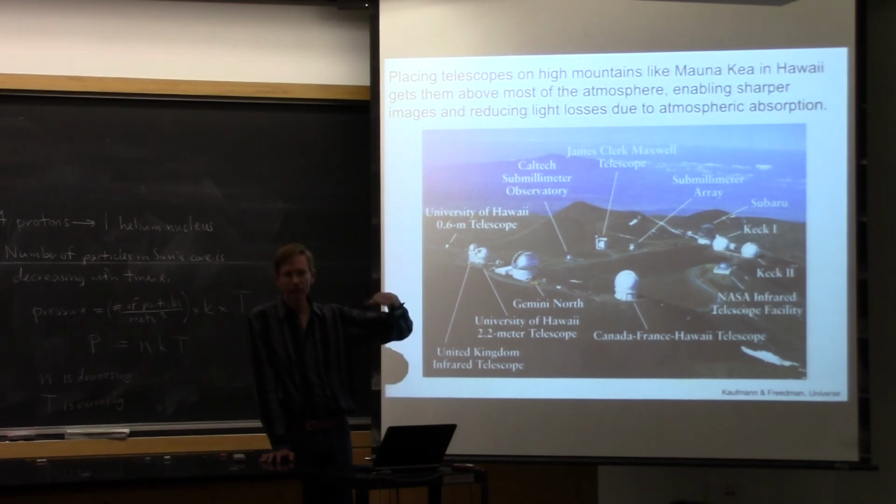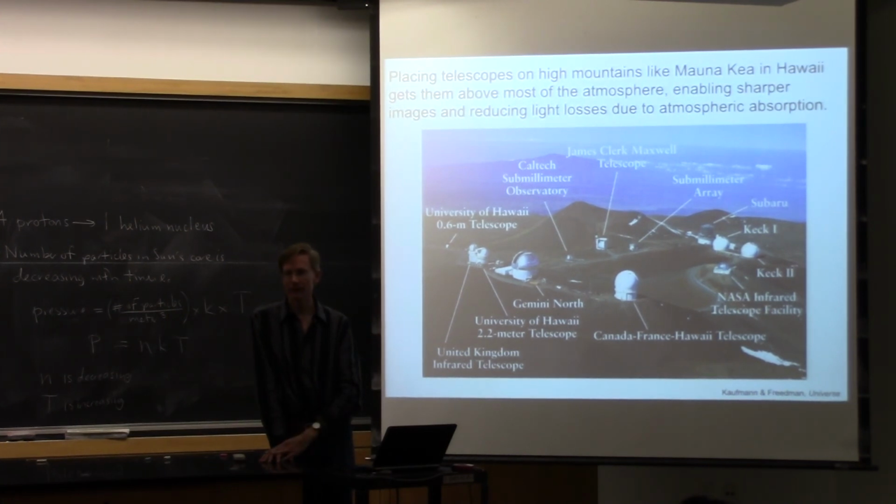So getting above as much atmosphere as possible gets us above the blurring effects of the atmosphere, the dimming effects of the atmosphere, because there's not as much dust up there. Dust in the atmosphere blurs and dims starlight before it reaches the ground.